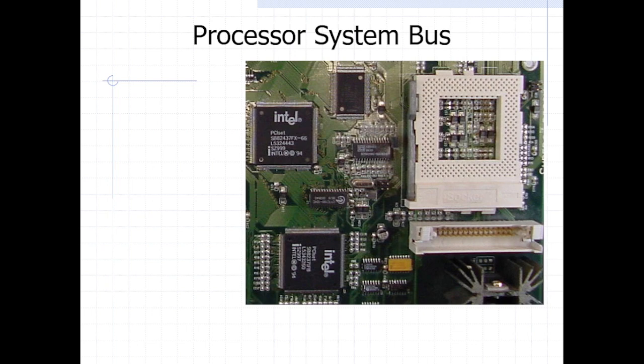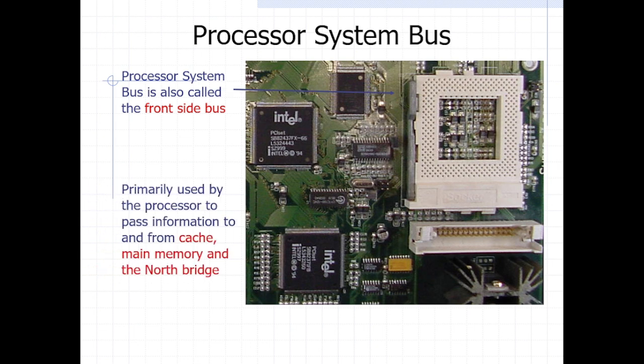Then we also have the processor system bus, which coordinates the communication between the various components and the processor, right? Normally it is close to the south bridge or the north bridge, so we call it the front bus system. Primarily this coordination happens between the processor, the north bridge, the main memory and the cache memory.